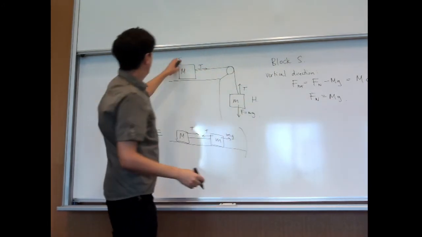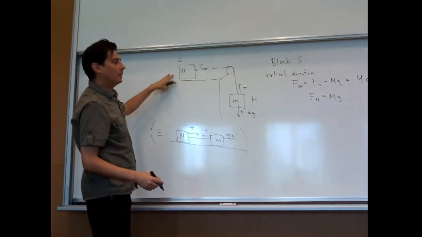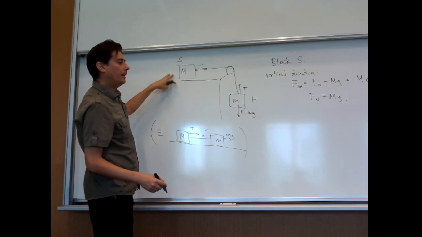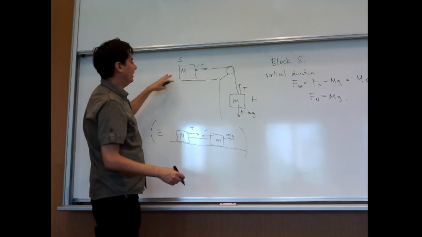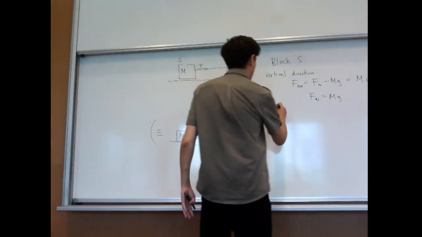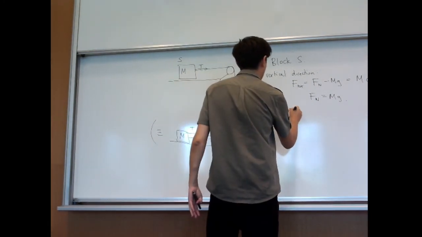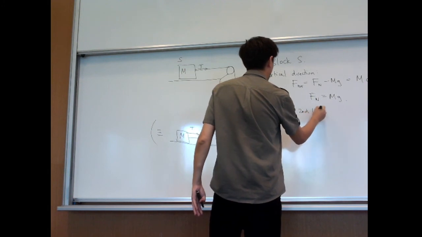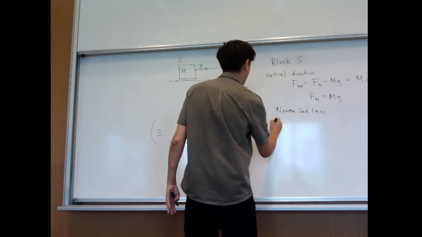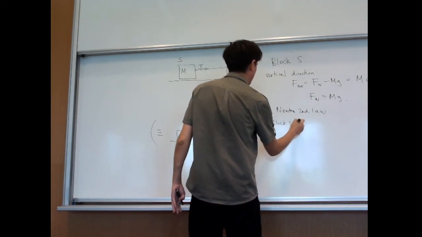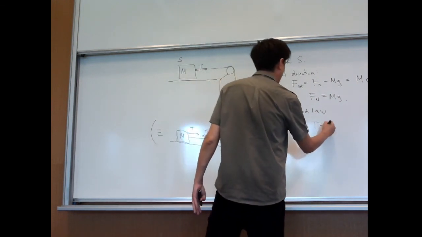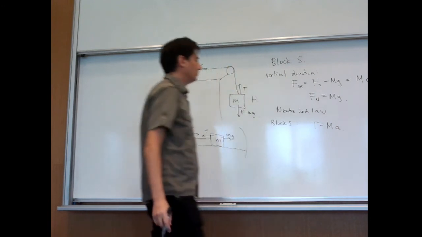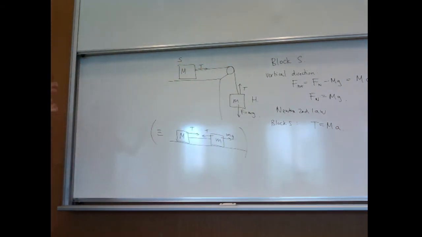So you could apply it to block S, and then you would get Newton's second law. Block S alone. For this one, you would just say, okay, T equals ma. So there's some acceleration of this whole block. It's all going to slide down.